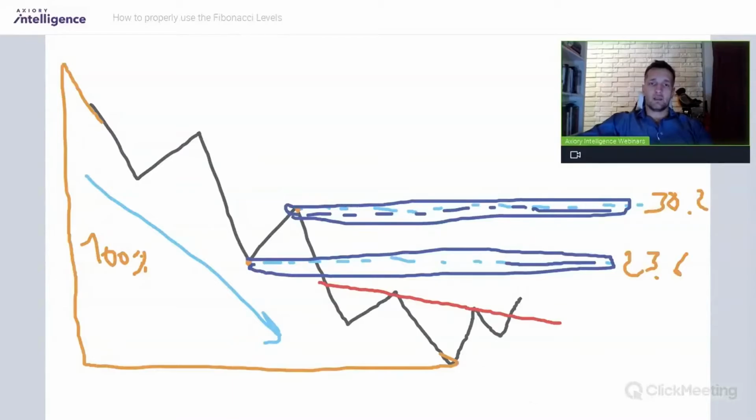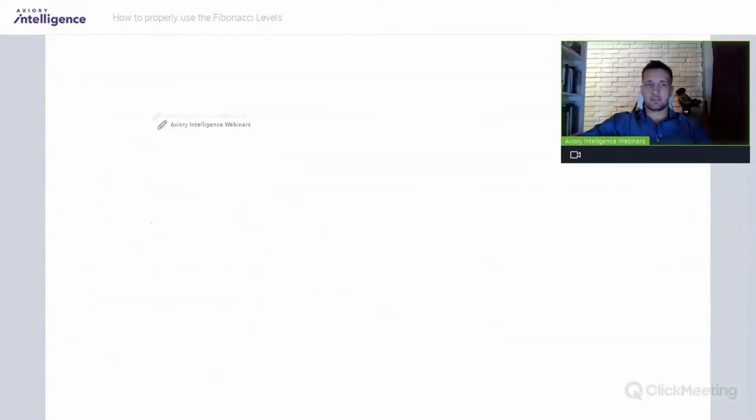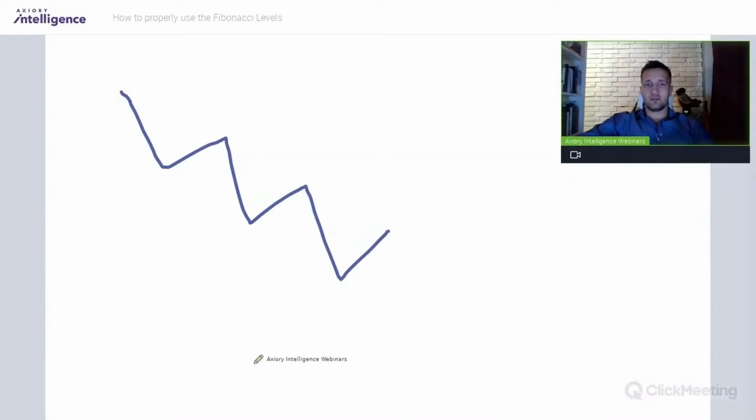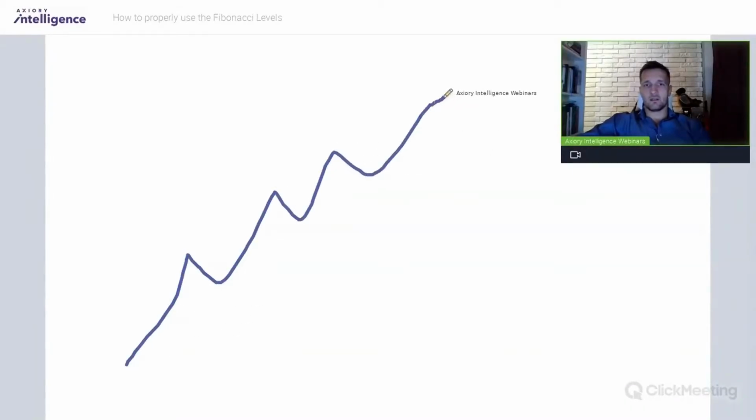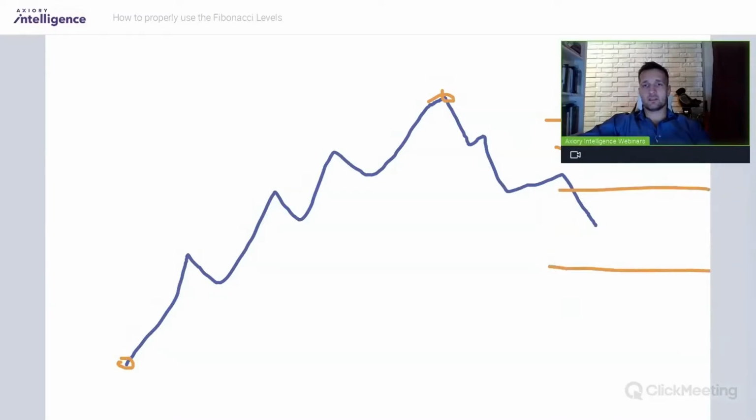Another thing, last one, then we will go to the charts. Maybe you now think that Fibonacci works only in a downtrend, but no. When you have an uptrend, and then you already have an advanced correction, and then you put Fibonacci from here to here, and then you have 23.6, 38.2, 50, 61.8.